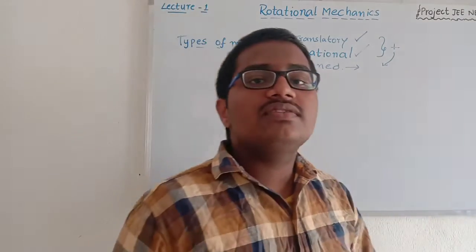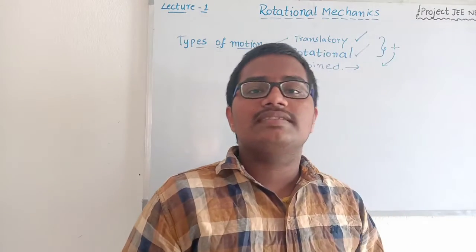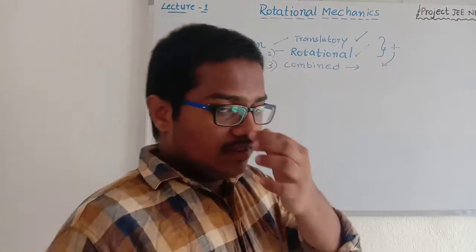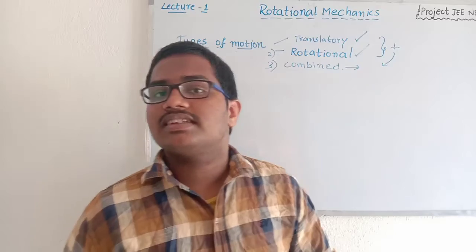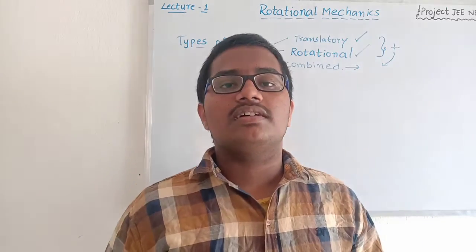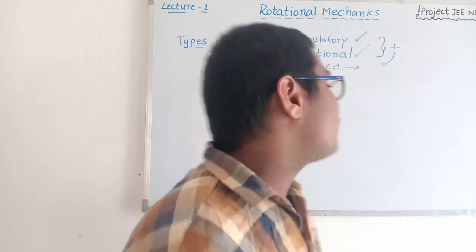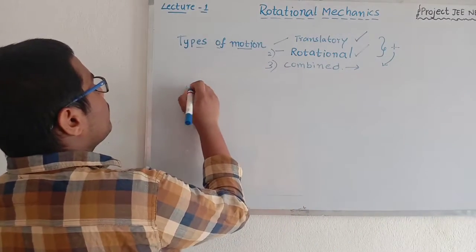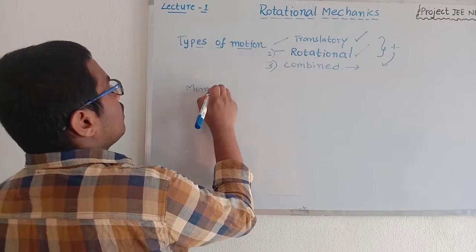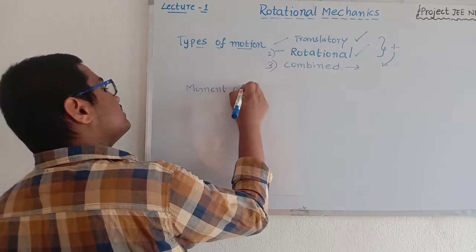The next topic is kinematics in rotational mechanics, but we will not be discussing that in this session. We will be discussing the most important topic of this chapter, which is moment of inertia.